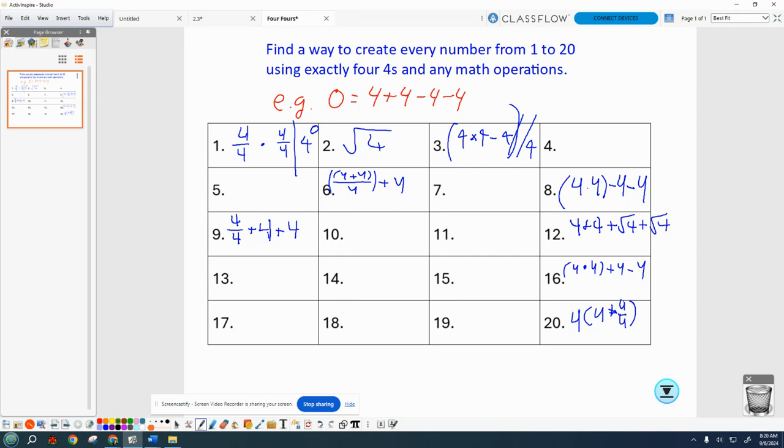Hard ones are the prime numbers. Fourth root of 4 times the fourth root of 4.